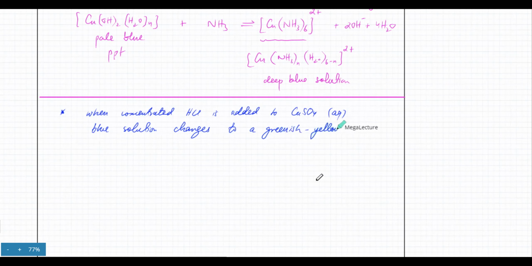So there's a color change that's happening.